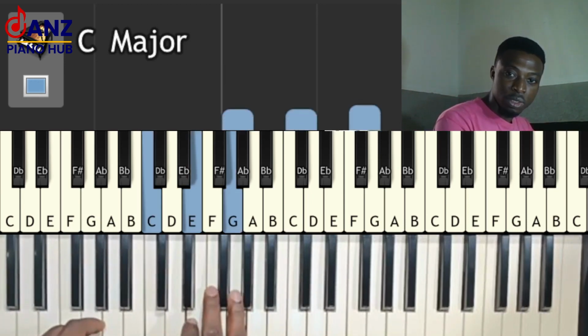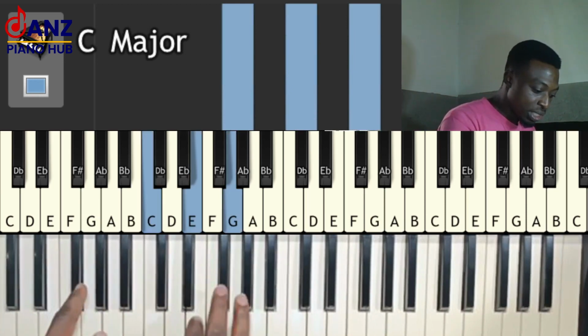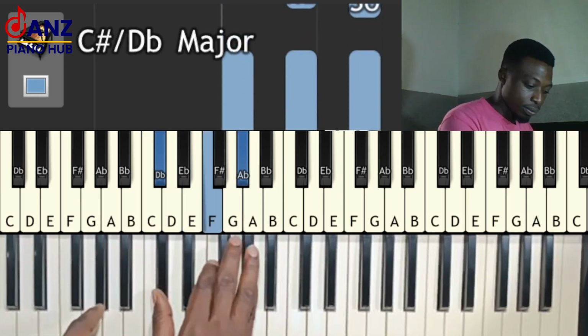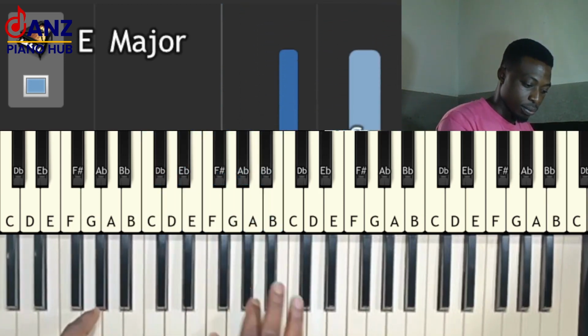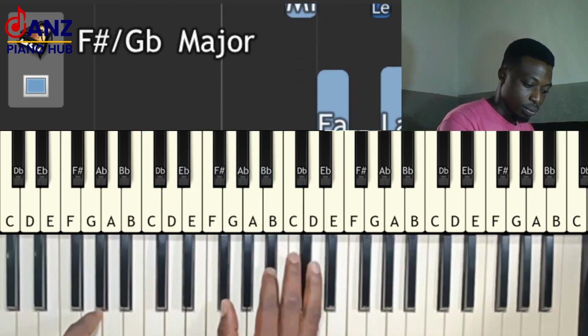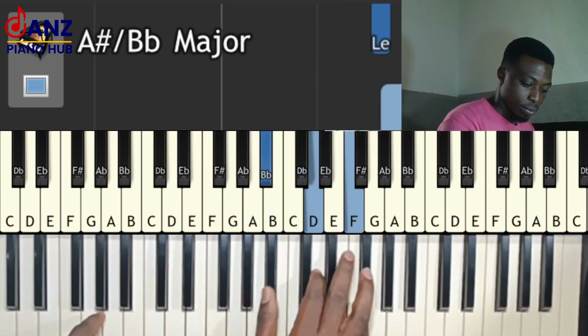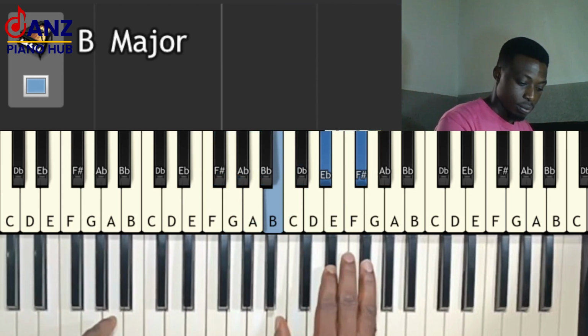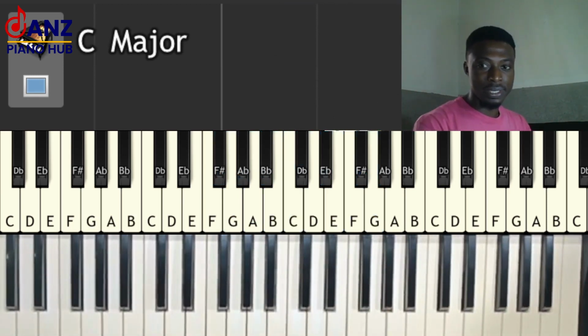C major chord, C major chord. You practice it for every note in the major scale. So you take out time to practice that.